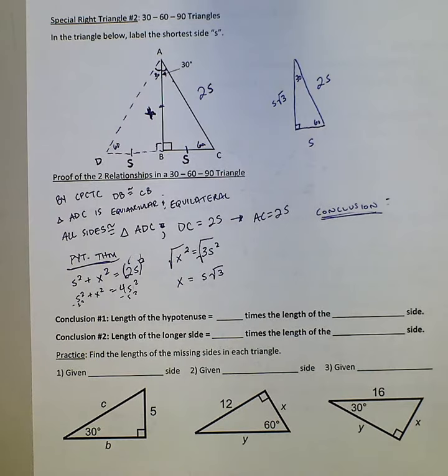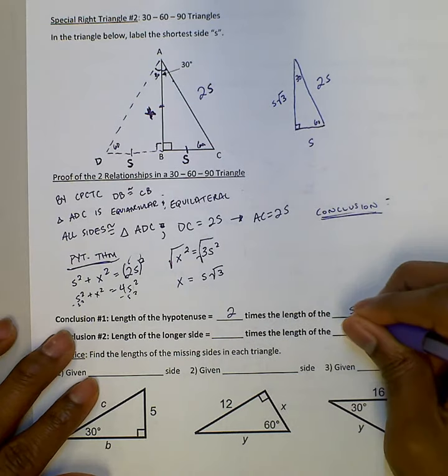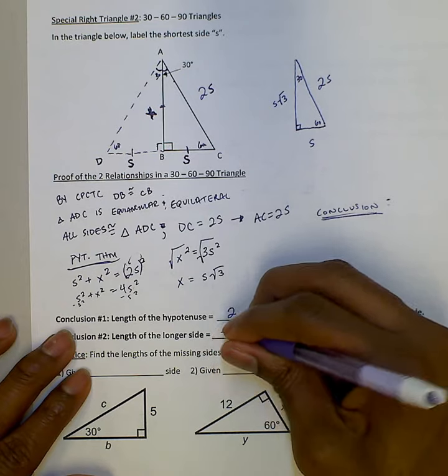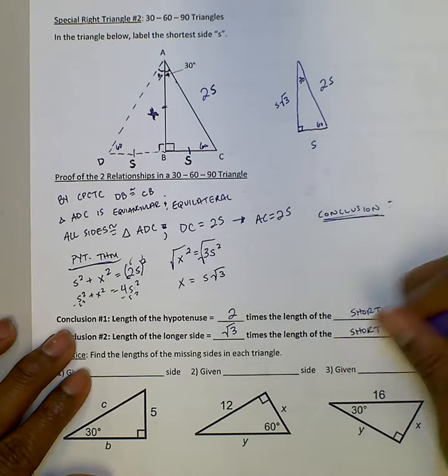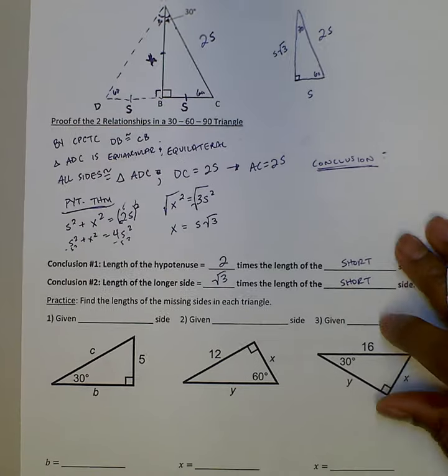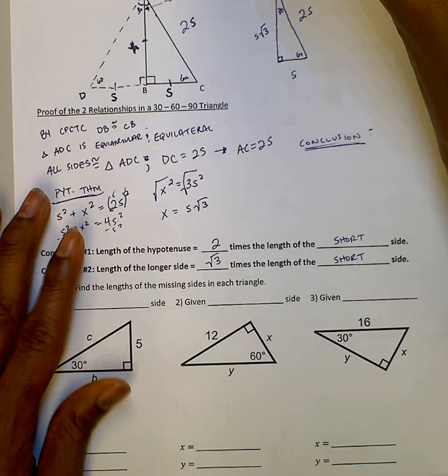So the hypotenuse is 2 times the short side, and the longer side is radical 3 times the short side. It's important to find the short side first, because if we're given any other side, everything else can be found using the short side.